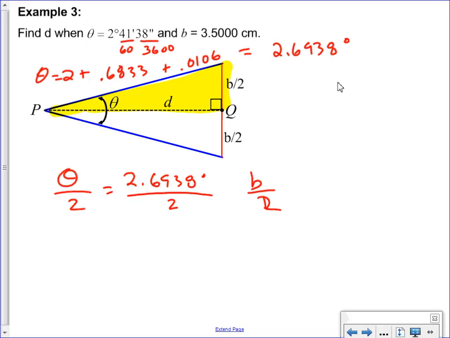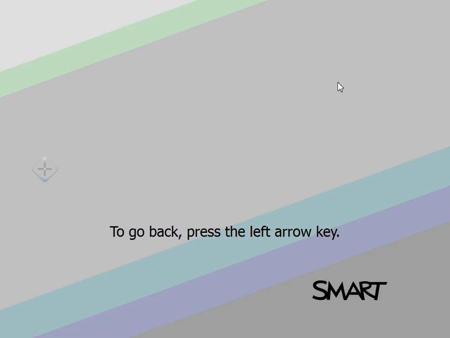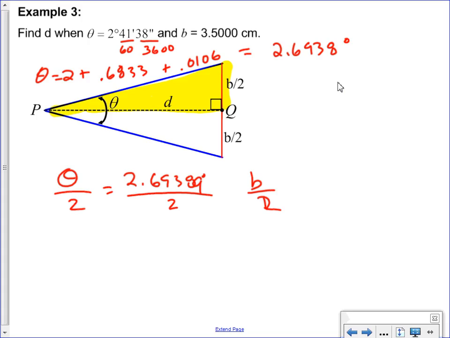Right? 2.6939? Okay. I believe you. Let me fix this real quick. So it's 2.6939? Okay, I'll take it. So that last one, just change that to a 9.